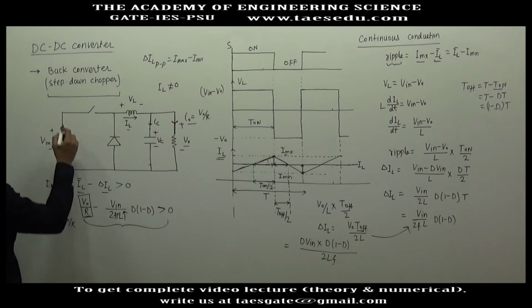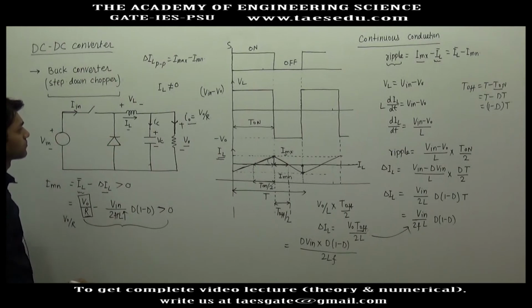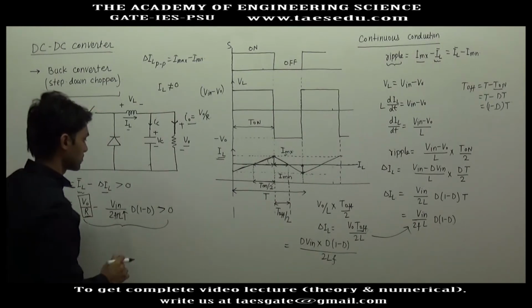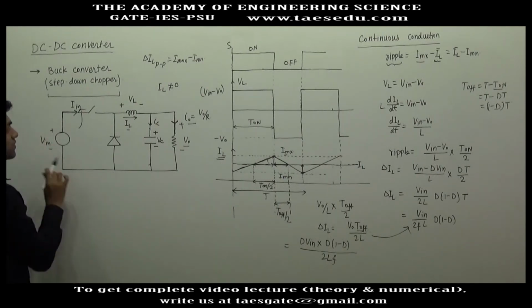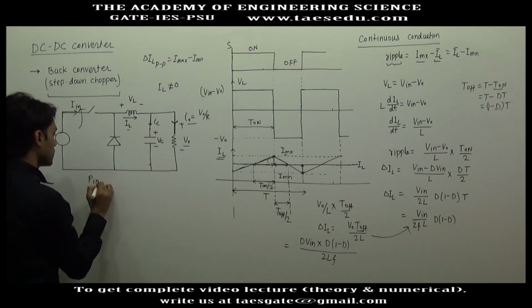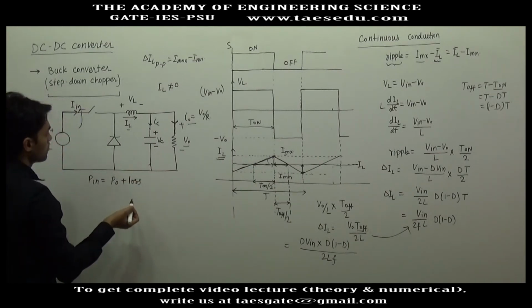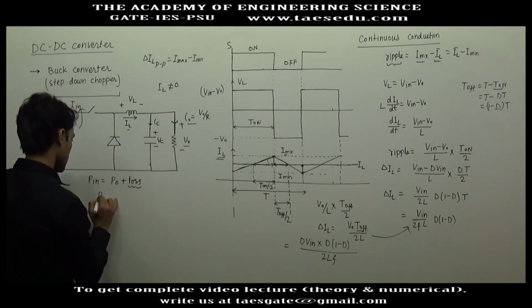One thing is remaining, the average input current. We could do this in the next lecture too, but this is very easy, so let us do it here. The input power must be equal to output power plus losses. If you assume that switches are ideal and neglect the loss, input power has to be equal to output power.